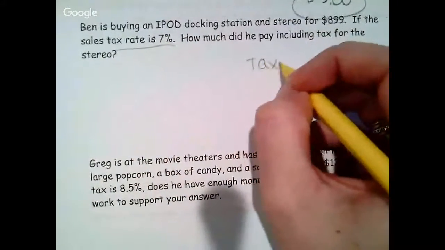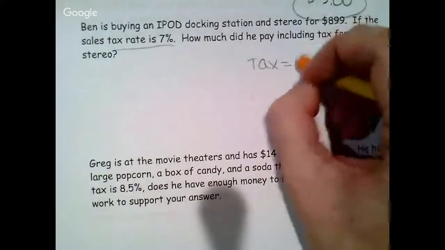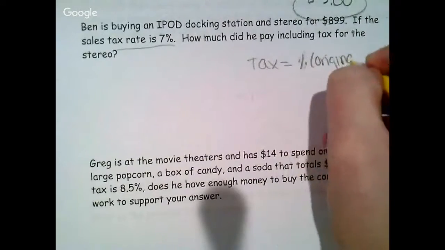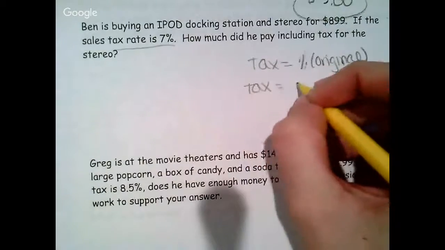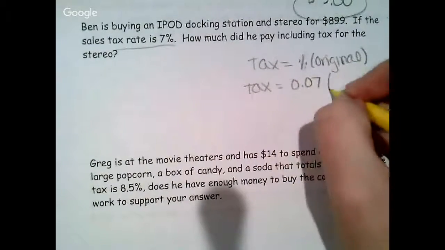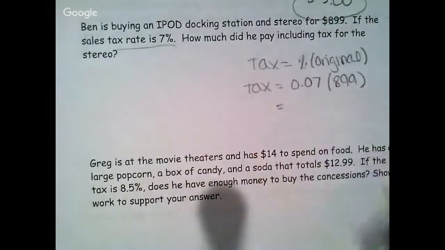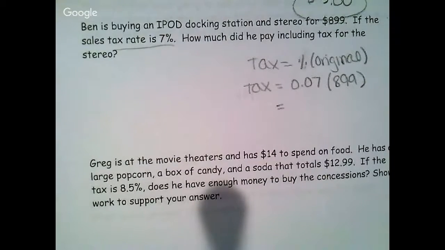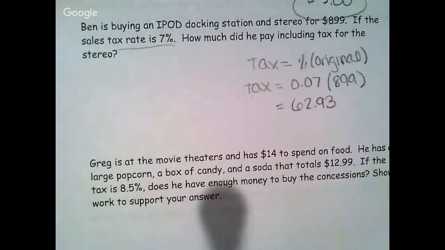So remember, tax is equal to our percent times our original. So we have that our tax is 7%, which is 0.07 times $8.99. Right? So when we do that, we have 0.07 times $8.99, we get $62.93.